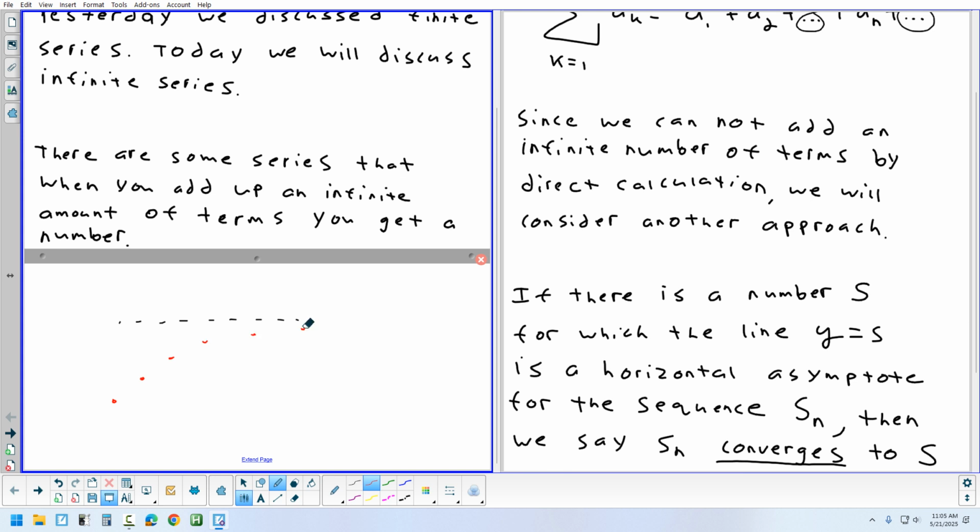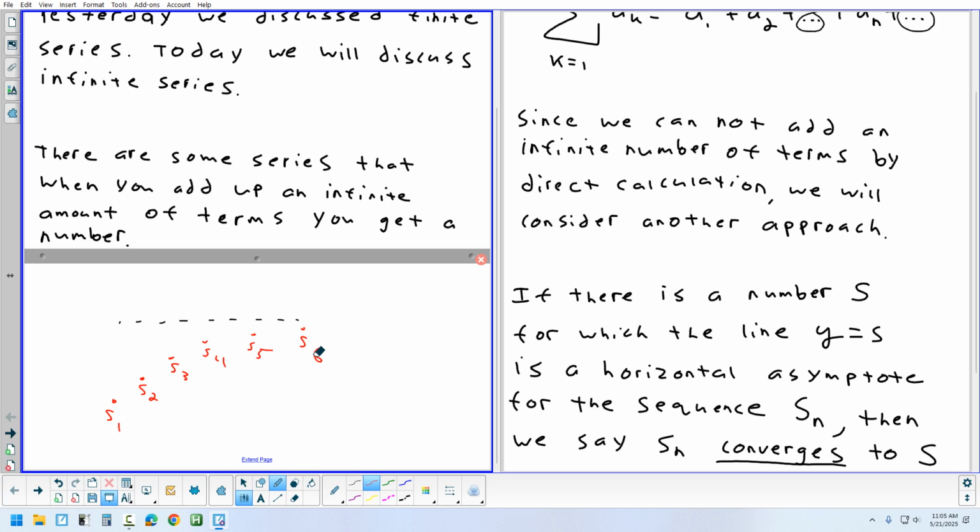So if you had a series of dots that started to look like this, each one of these dots represents a partial sum: S1, S2, and so on. Remember, a partial sum is the sum of every single term up to that number. Sum of the first 2 terms, first 3, first 4, first 5, first 6.